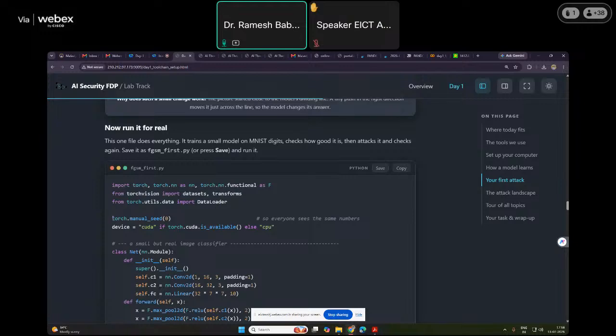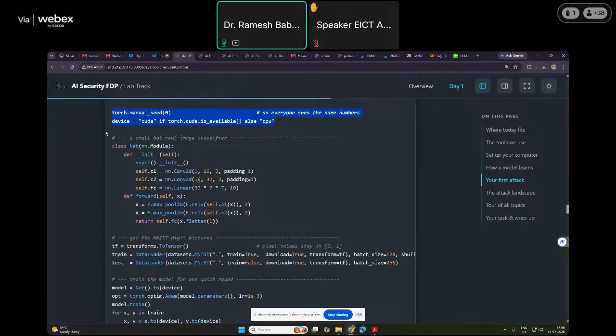Then we have the second component of the code, which tells our system that if you have CUDA installed, basically GPU support, you can run on that. If you don't have it, you can run it on the CPU. So this second component tells your system to run on CUDA or CPU, depending upon the condition of your system. Then here is a small class which has two functions.